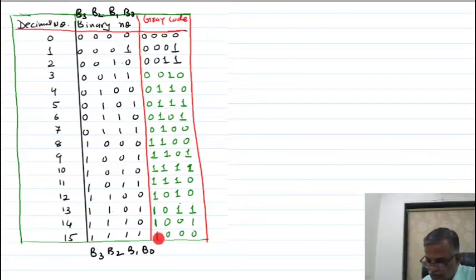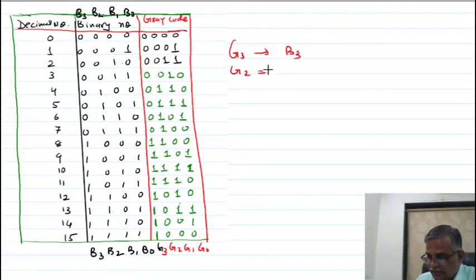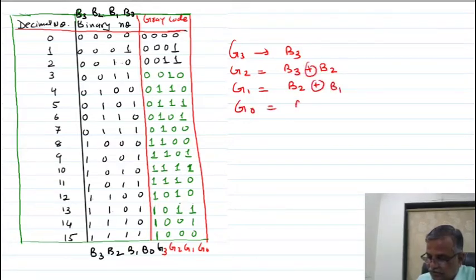You know G3, G2, G1, G0. G3 is nothing but B3. G2 is B3 exclusive B2. G1 is B2 exclusive B1. G0 is the B1 exclusive B0.